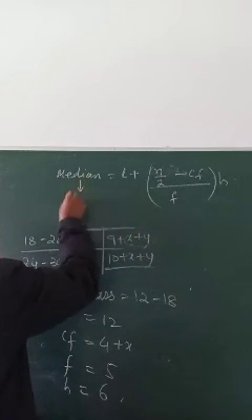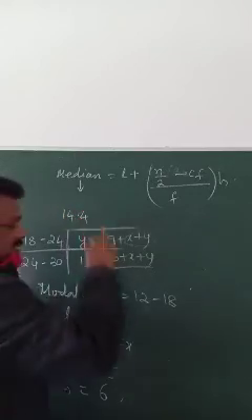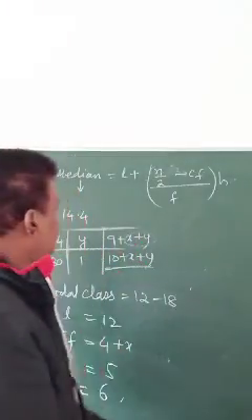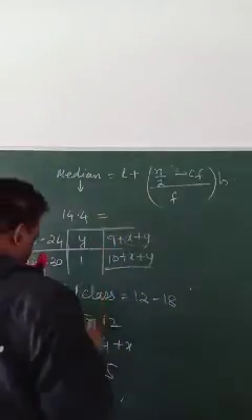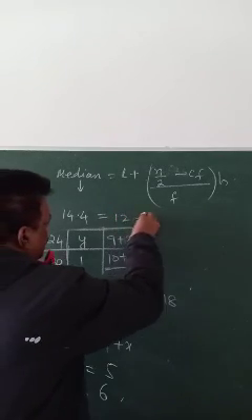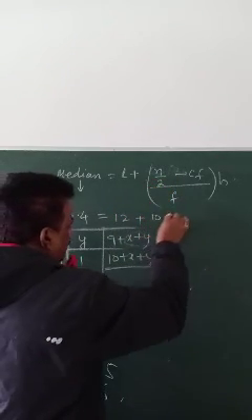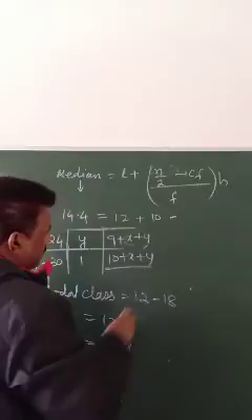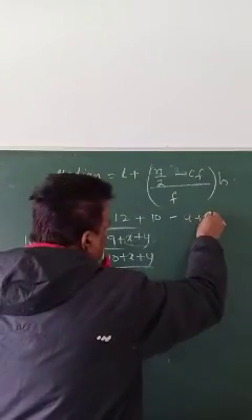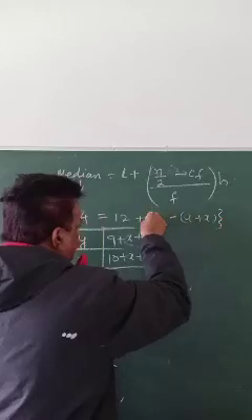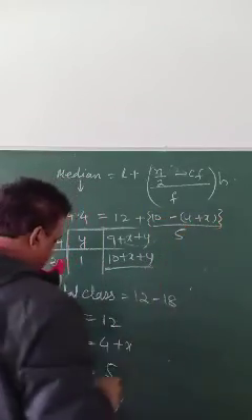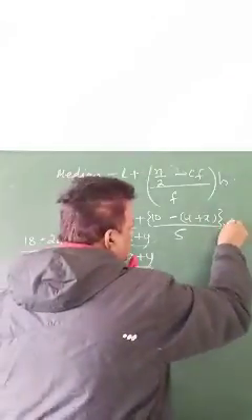Median is given. How much? 14.4. This is given in the question. 14.4 equals to 12. N by 2 you will find out 10. CF, look here, 4 plus x, keep in the bracket, by 5 into 6.